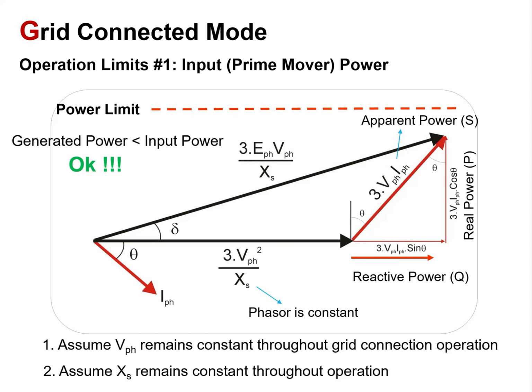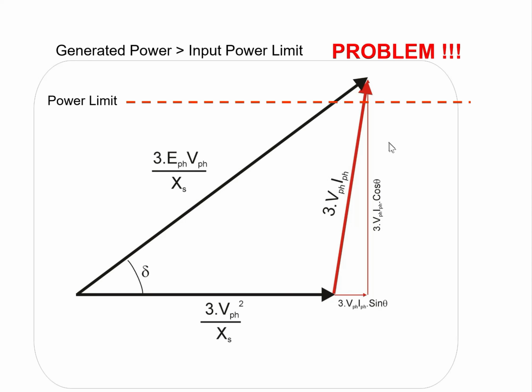Now we can see that if we assume that the phase voltage remains constant through the grid connection operation, and that the inductive reactance remains constant also through the operation, the power cannot go beyond the input power. So this means that the generated power cannot go beyond the input power.